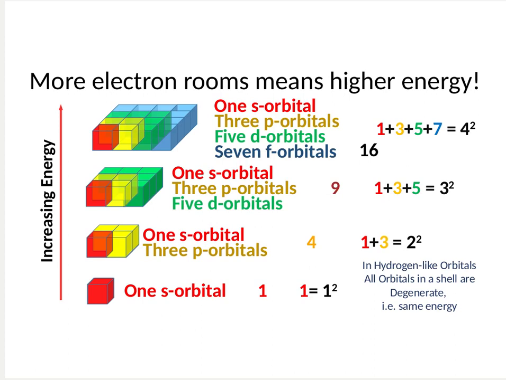To help you remember this, suppose you're living in a house with a bunch of roommates, and I want you to think about what would be the higher energy, higher stress level environment. Would it be a house where you have only a single roommate?